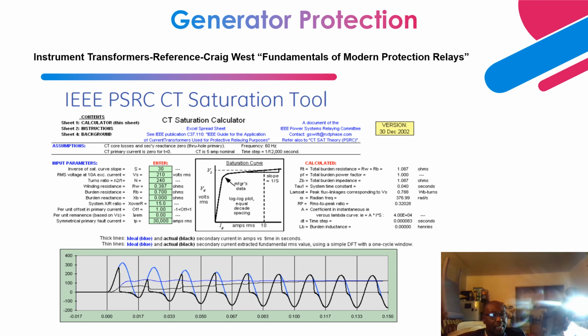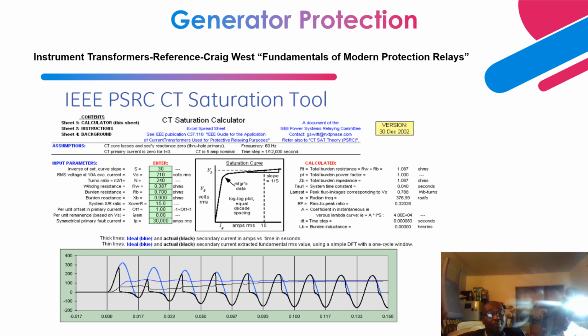Then the offset in the primary current, and basically that's talking about the DC offset part, whether you account for it or not account for it. Then if there's any remnants in the CT, right? Let's say the CT saturated before, and you did not demagnetize it to remove that remanence.